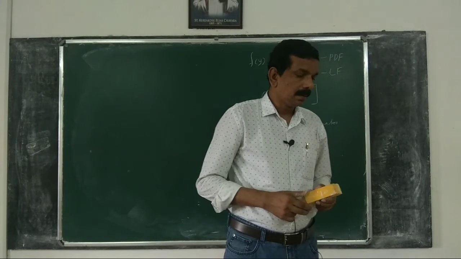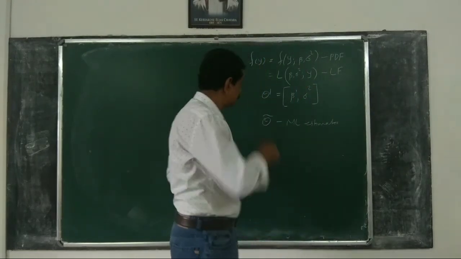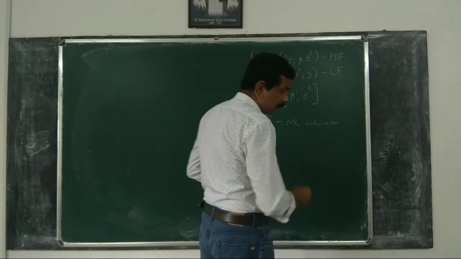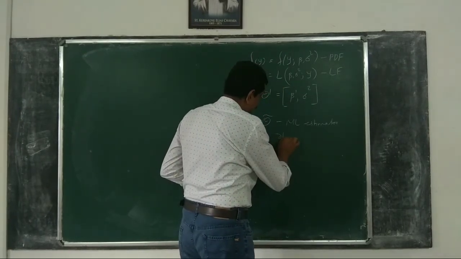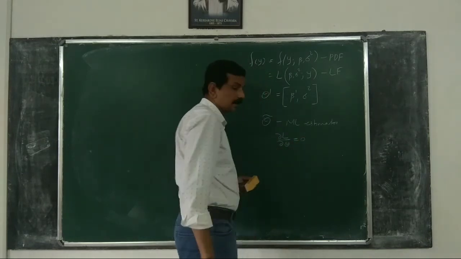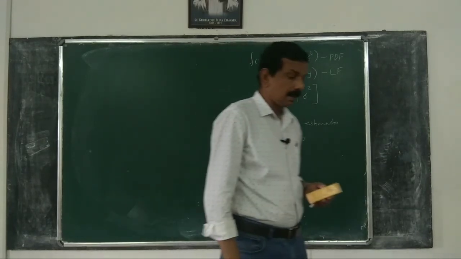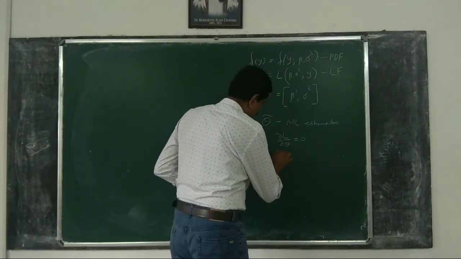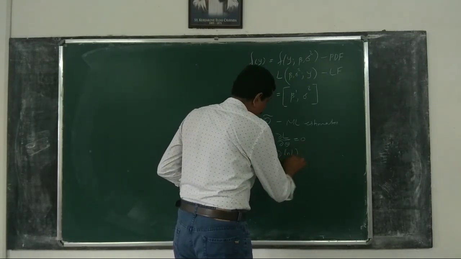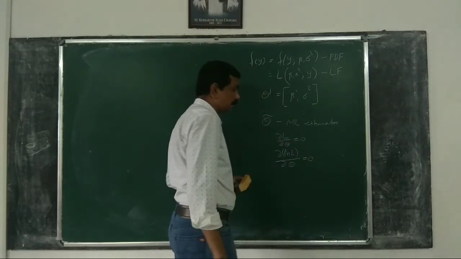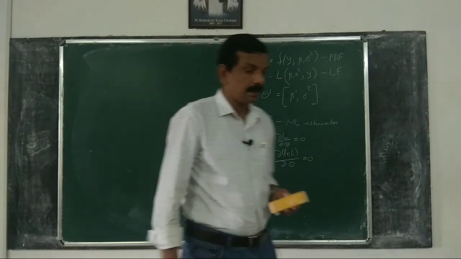Then this theta tilde is obtained by differentiating L with respect to theta and equating to 0. As derivation is easy in log terms, we differentiate ln L with respect to theta and equate it to 0, as we have seen earlier.